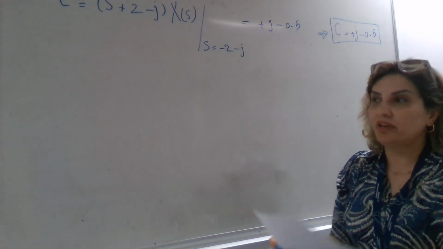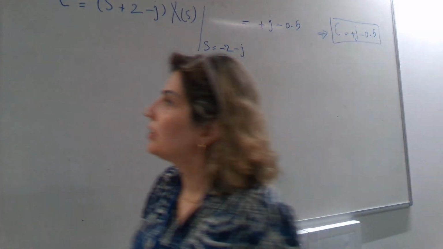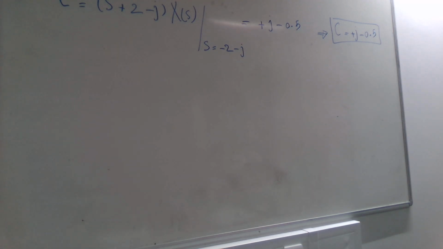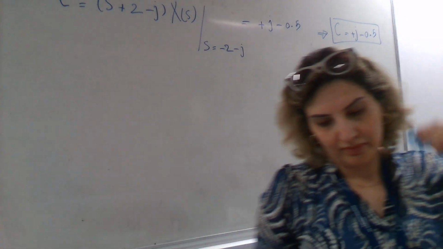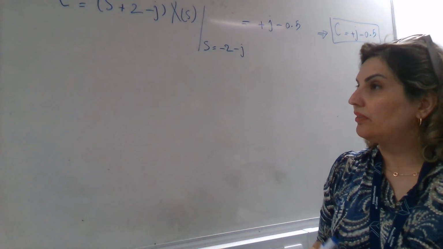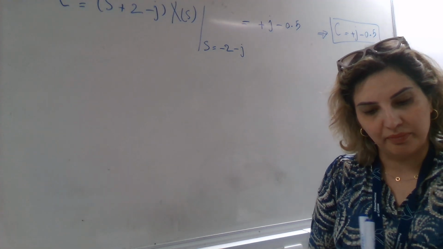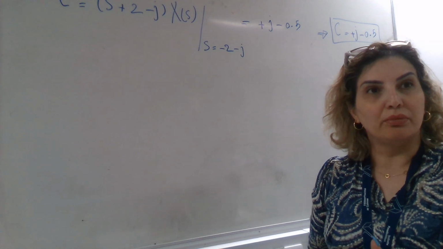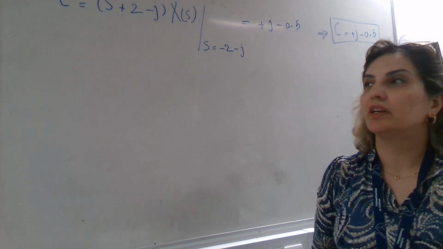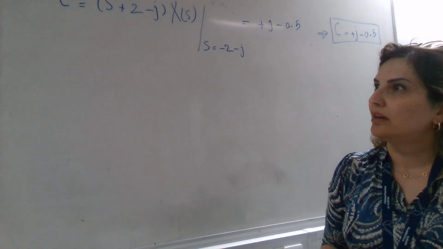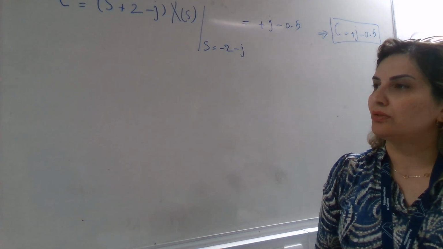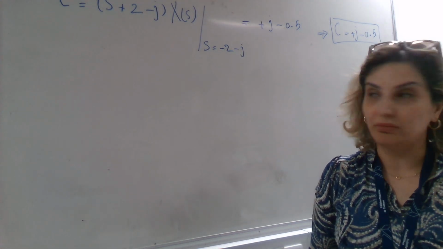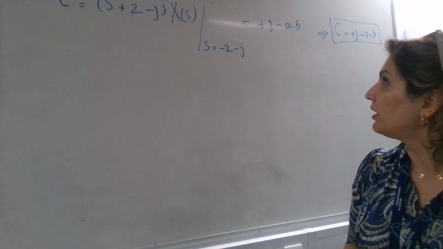Now, if we put all of this back into this equation here, what will happen? We can have the answer in s domain, and then we can do the inverse operation to find out the answer in time domain, right?